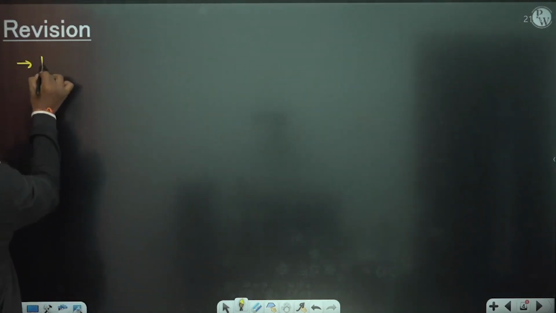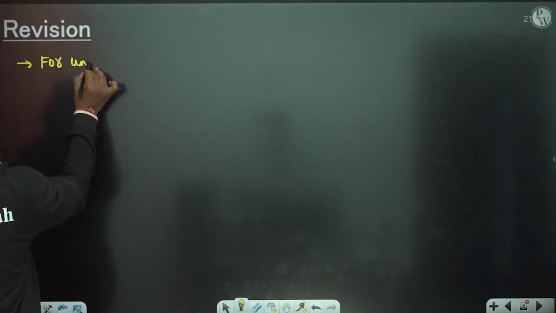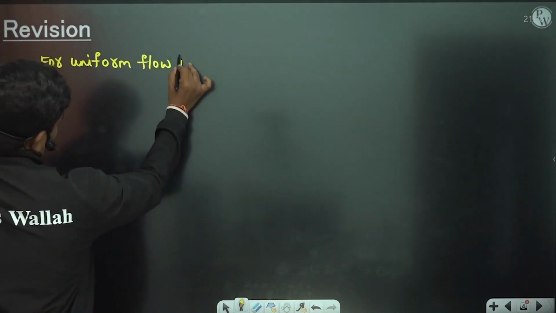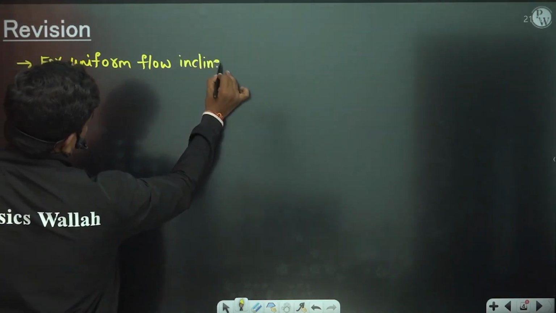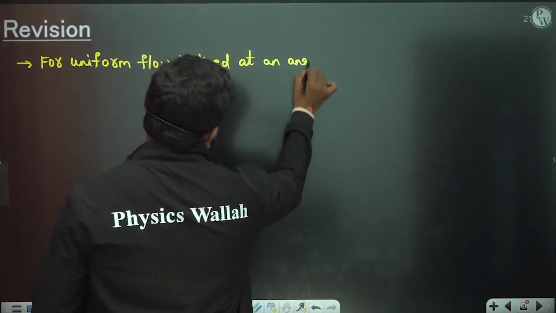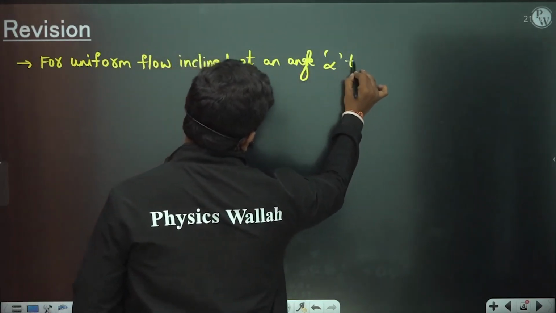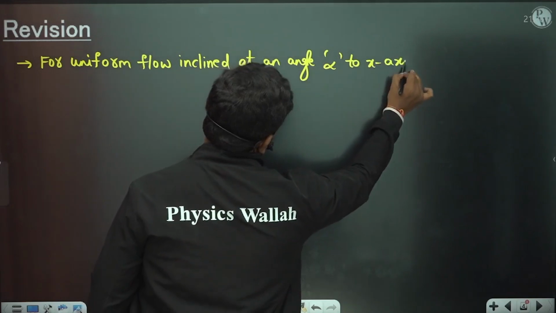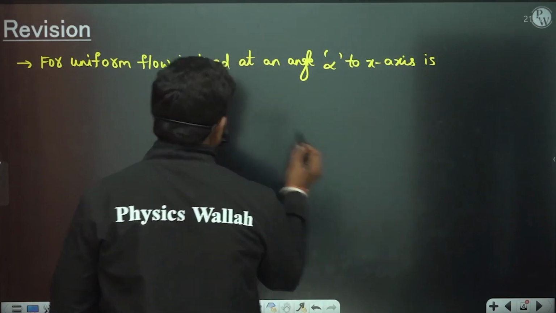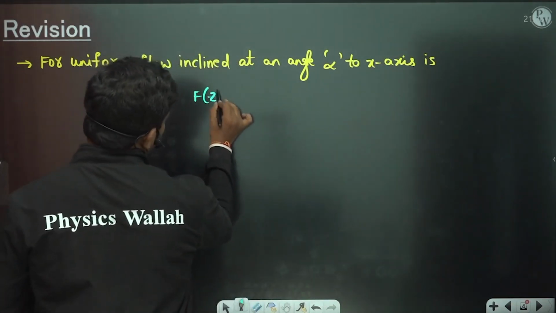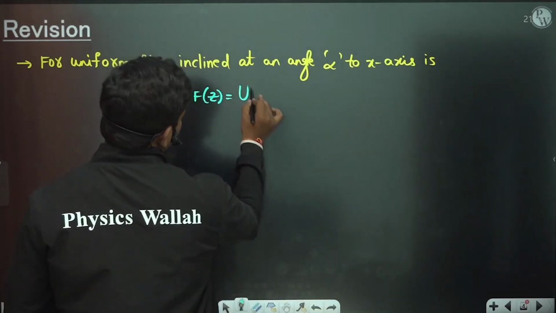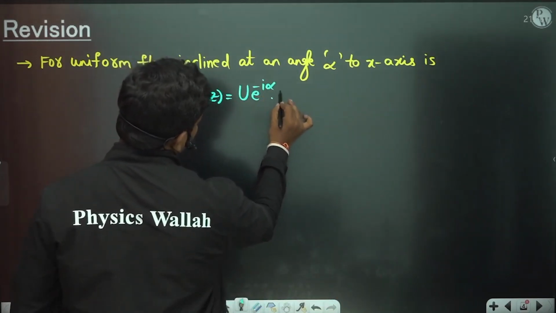For uniform flow inclined at an angle alpha to the x-axis, f of z is equal to u times e power minus i alpha times z, correct?